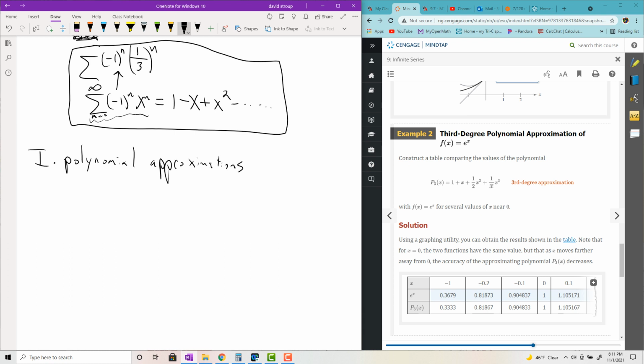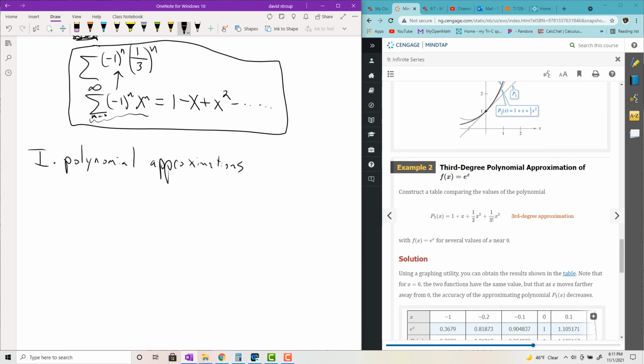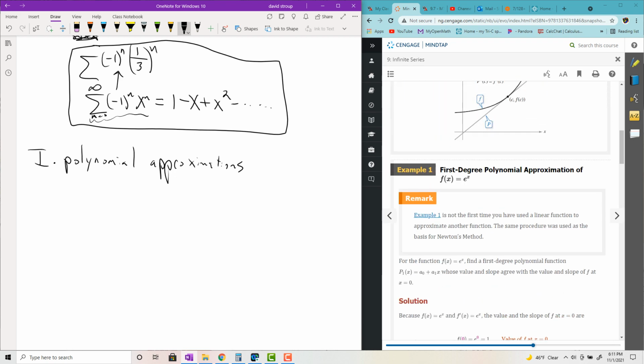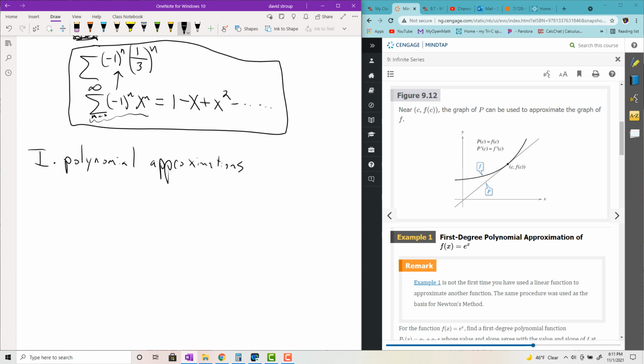We usually begin with something simple like e to the x. So example 1, we're just going after a first degree approximation of e to the x. Approximate f of x equals e to the x with a first degree polynomial.